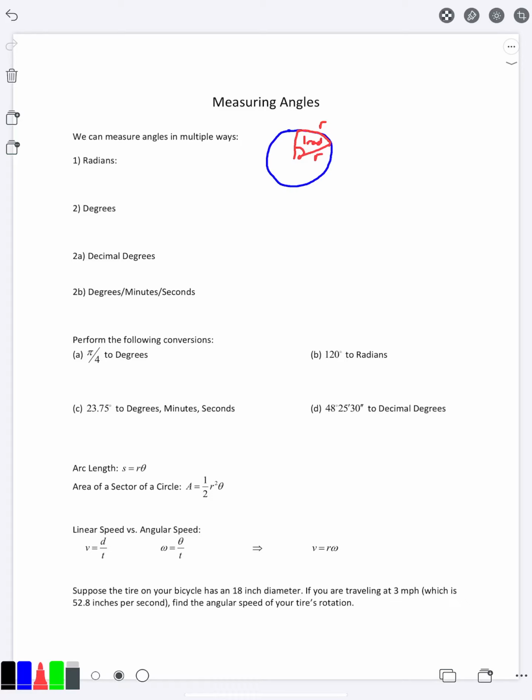And so what else can we say about radians? We can also say that there are 2 pi radians in a circle. We can also say that half a circle then would be pi radians, and so on.